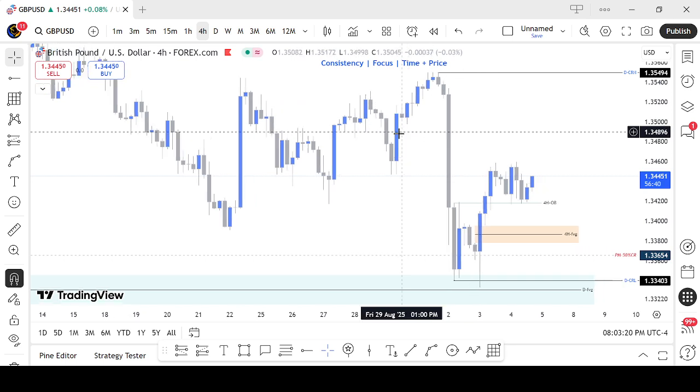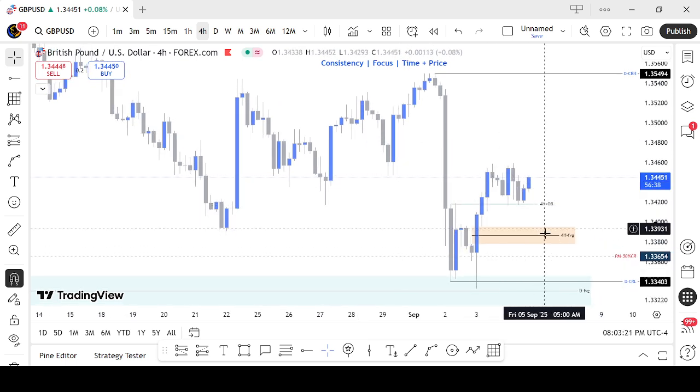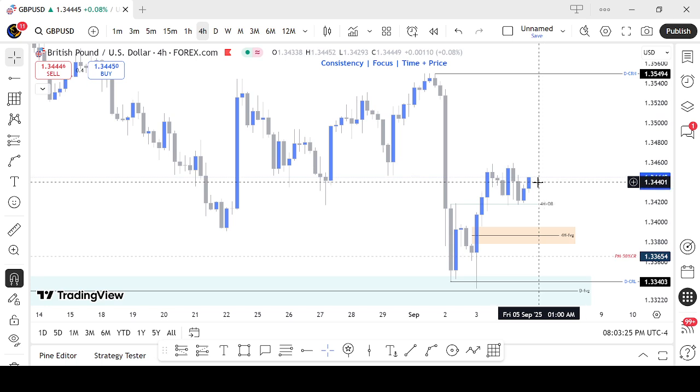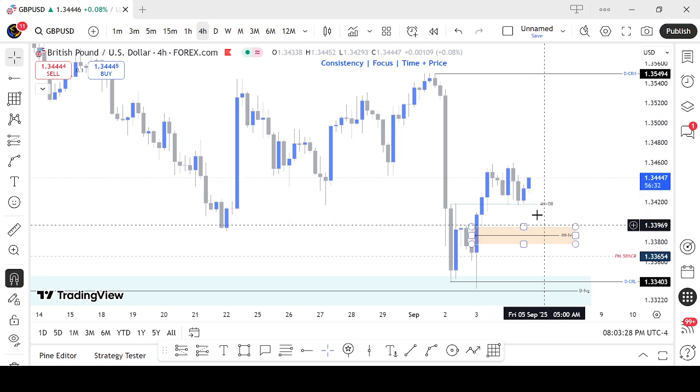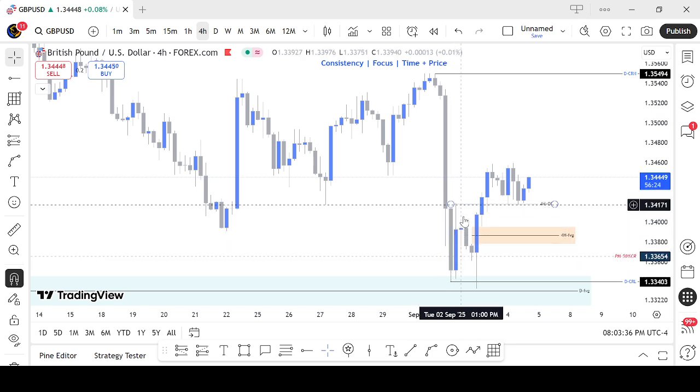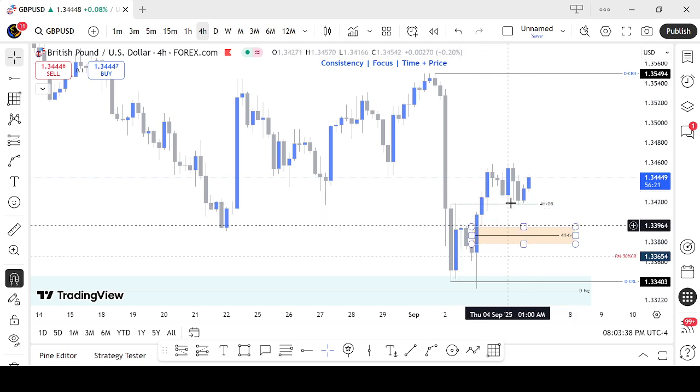If such things play out tomorrow like they did yesterday, then it is going to tap on here. Now look at this order block I called out for you guys yesterday on GBP. See how price is respecting the order block.